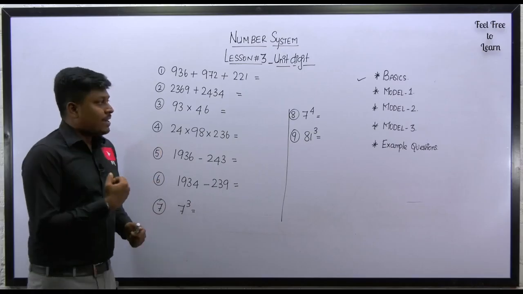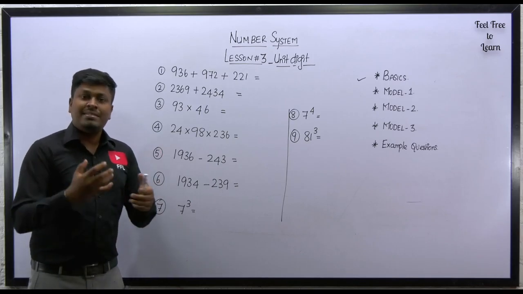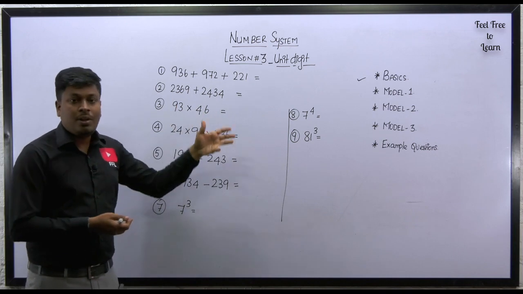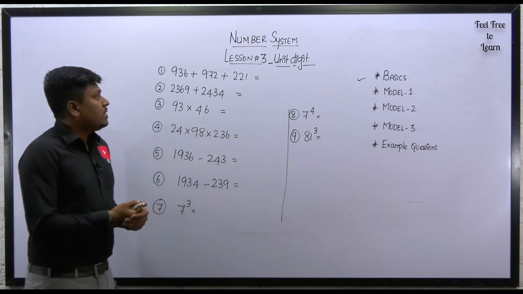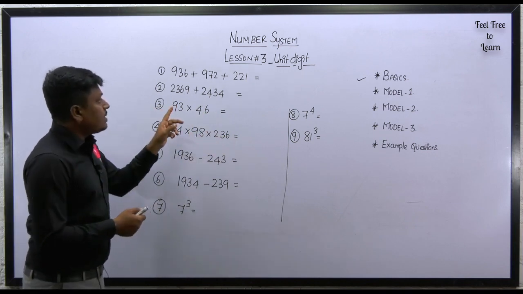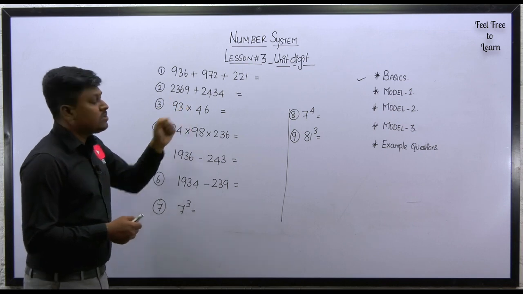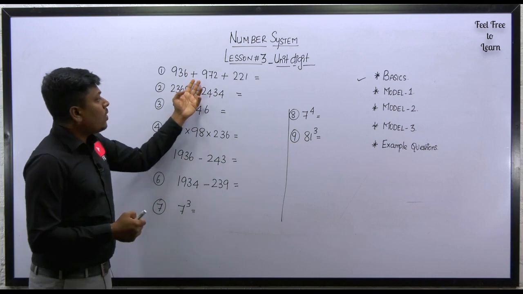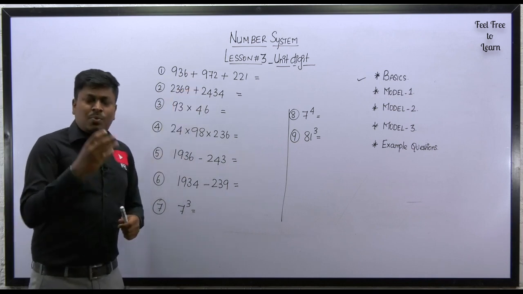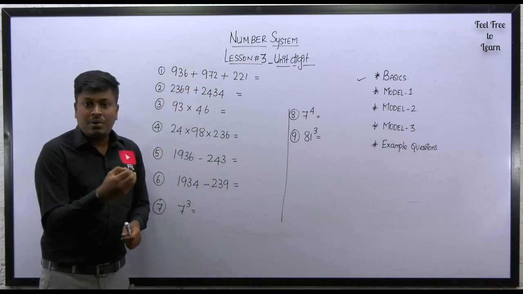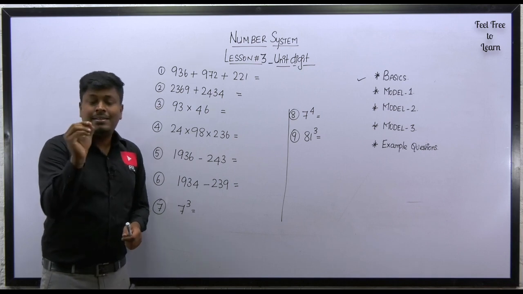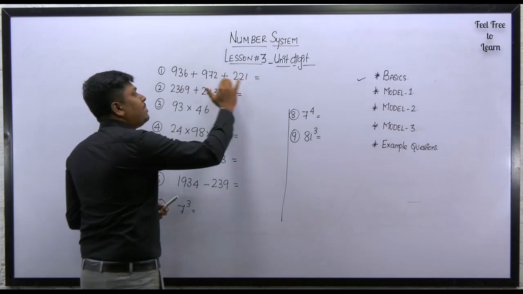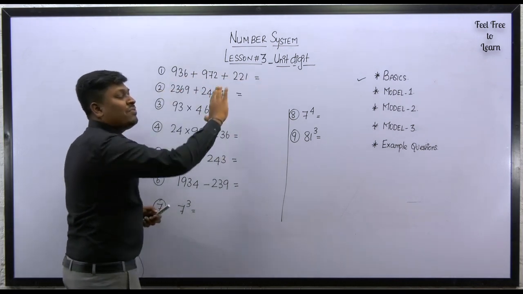Here I have taken some example questions, basic level questions. Initially, let me find the unit digit for all these basic numbers. First question: 936 plus 972 plus 221. Our target is to find the unit digit of the final answer. Just now I told you, unit digit is the last digit of any number. You don't need to add the complete numbers and then find the unit digit.